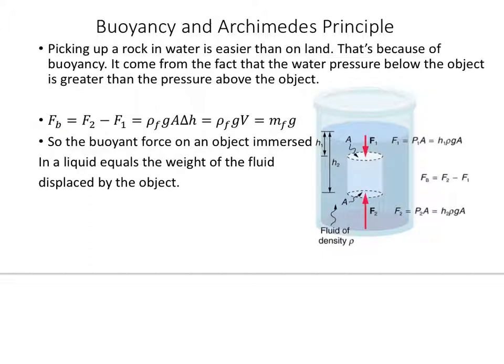So therefore, the buoyant force is equal to the weight of the liquid that is displaced when this object is lowered down. And that is Archimedes' principle. The buoyant force on the object immersed in the liquid equals the weight of the fluid displaced by the object.